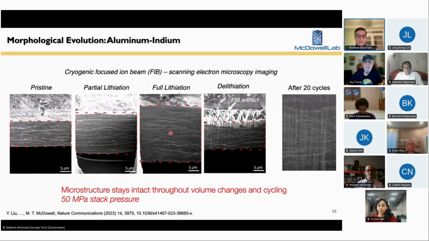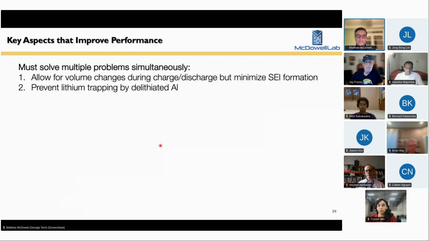The lithium-indium phase, which you can see in these cross-sectional images during a charge and a discharge, acts to transport the lithium very effectively throughout the structure. And over many cycles, this is the case. We've characterized that here with other methods. So this is in effect a composite electrode, but we're only including metals in the composite, and it works quite well in solid-state batteries. It avoids a lot of the SEI growth that's found in lithium-ion liquid electrolyte batteries.